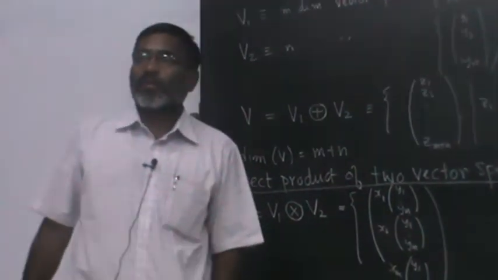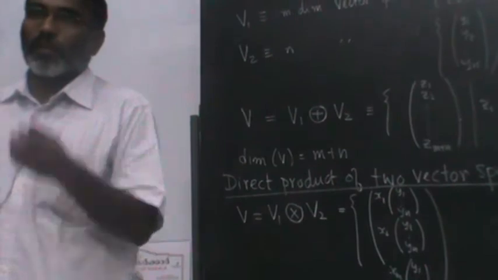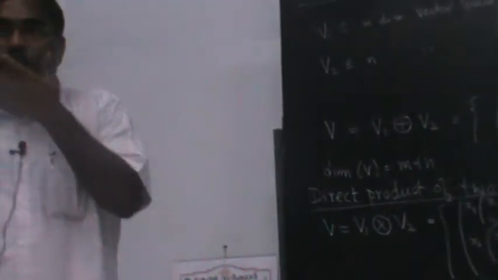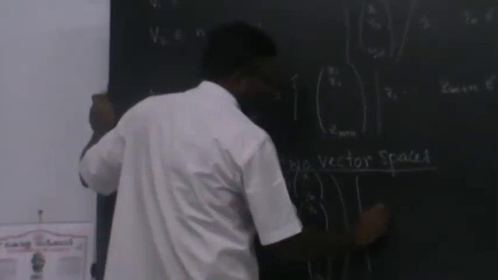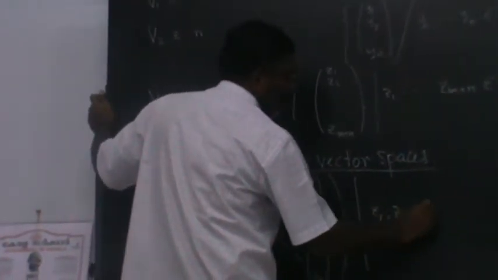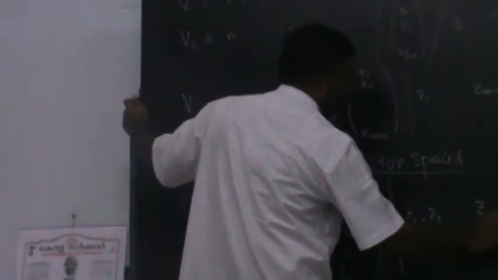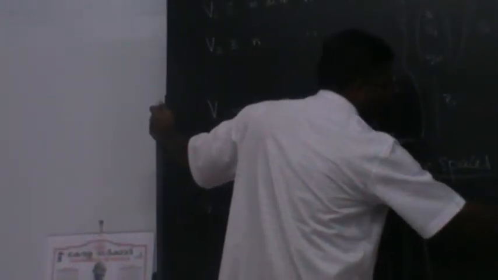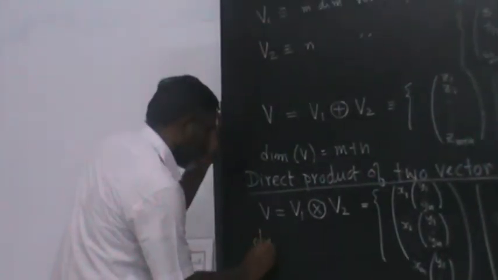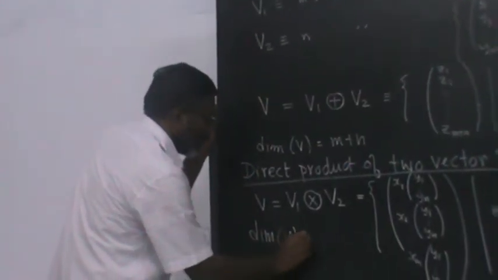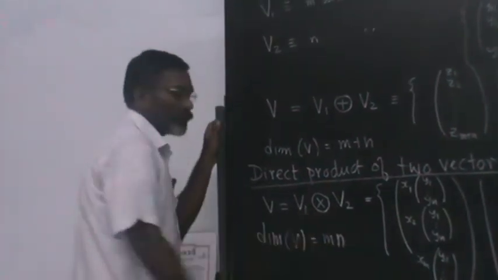So how many elements will be there? m times n, correct? So you can call this Z1, Z2, etc., Z(m times n) in the field. So dimension of direct product is m times n.